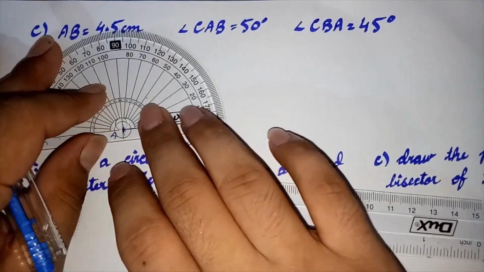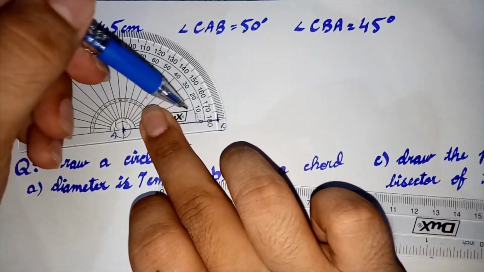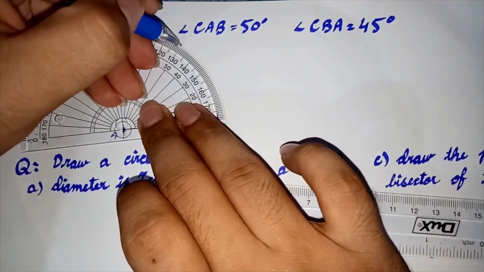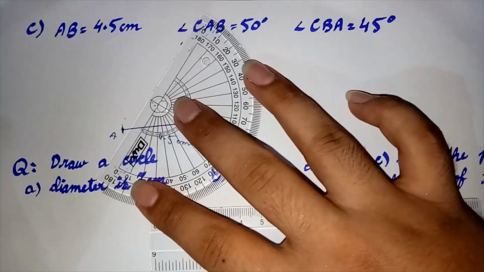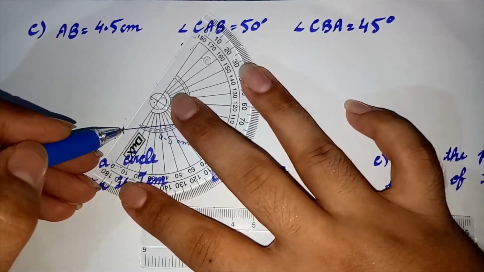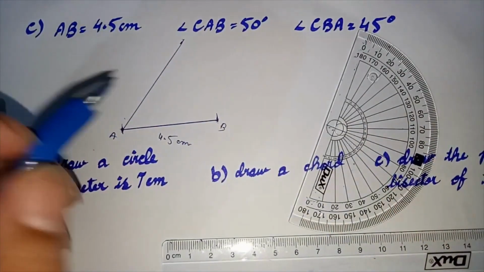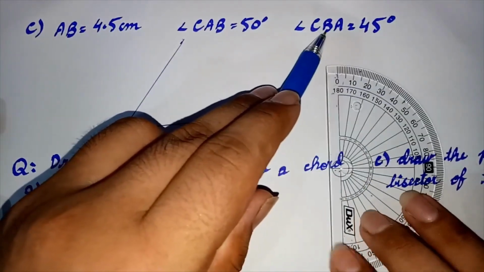Alright, now an angle of 50 degrees. We will start counting from this zero because this is our baseline. Here we have 50 degrees. This one is our 50 degrees. So we will draw a line from here to there.